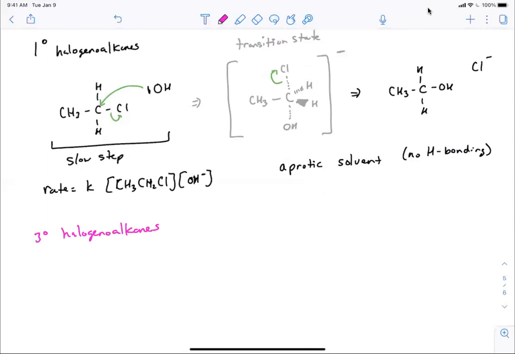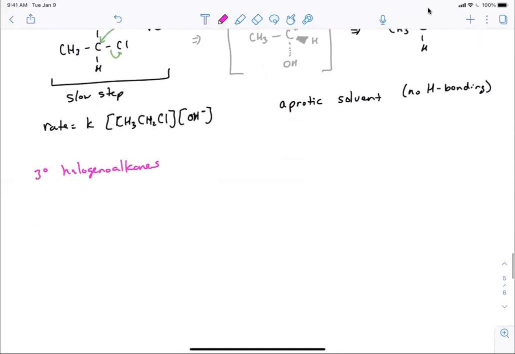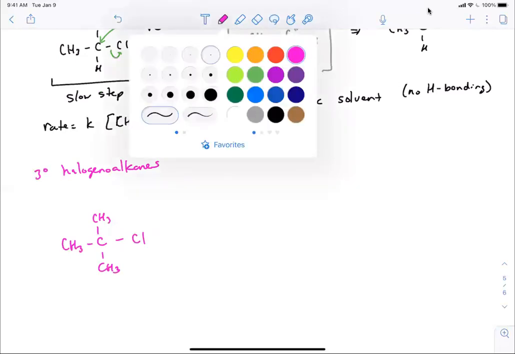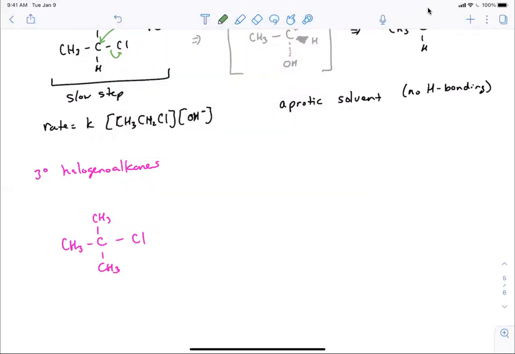Okay. Tertiary halogenoalkanes, I should say. With tertiary halogenoalkanes, the reaction happens in a slightly different form because the nucleophile can't access the carbon because the CH3 groups are blocking it. So it has to wait for the Cl to break off first.